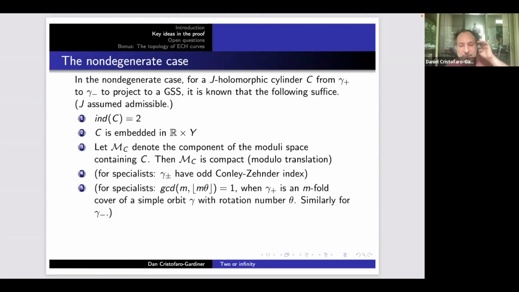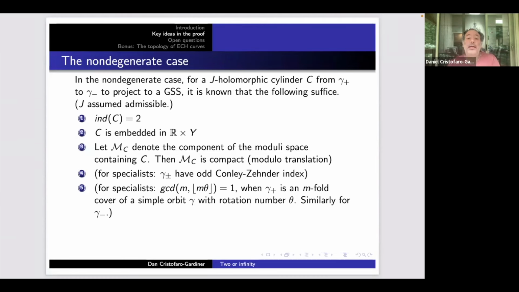Meanwhile, the simple orbit has a so-called rotation number. I didn't put the definition of the rotation number on the slide because you could more or less guess what it should be. The rotation number just tells you about the local flow. Roughly speaking, it measures the rotation of the local Reeb flow near gamma plus.